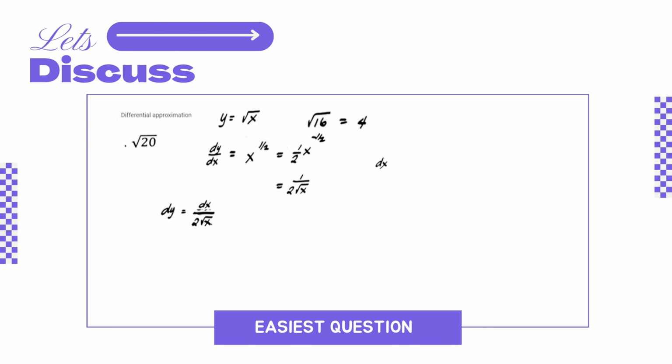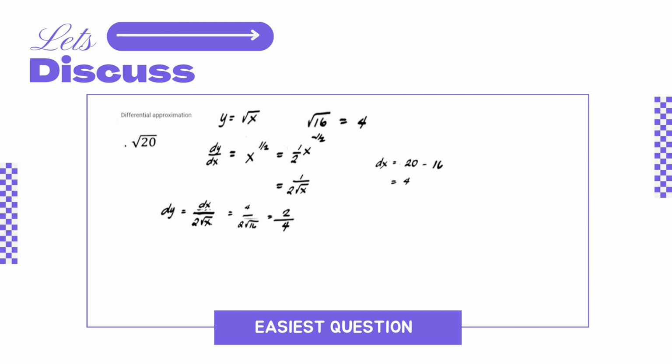Before that, we have to determine the value of dx first. So dx is going to be equal to 20, which is what we are looking for, minus 16, which is the closest square root to 20. So it's going to be equal to 4. And then we have to substitute into the dy equation, which is going to be 4 over 2 times square root of 16.